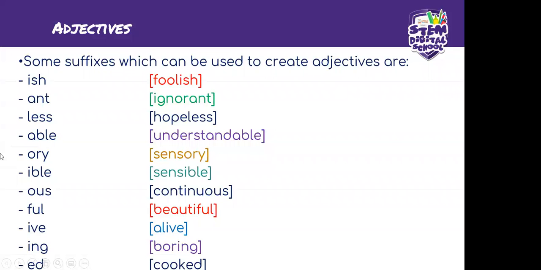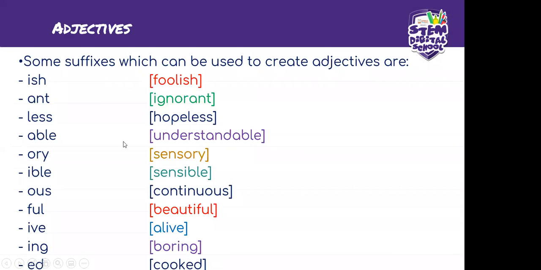Let us go through them. The first one is ish, as an example, foolish. And for example, ignorant. Less, for example, hopeless.